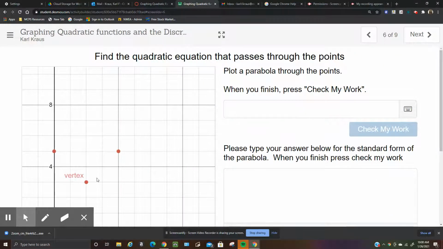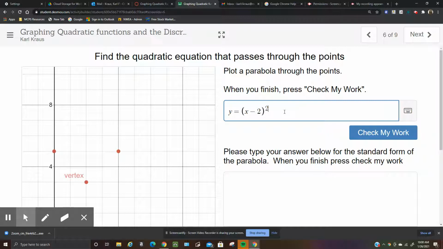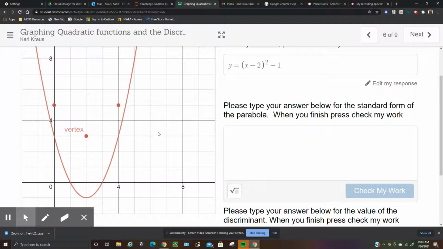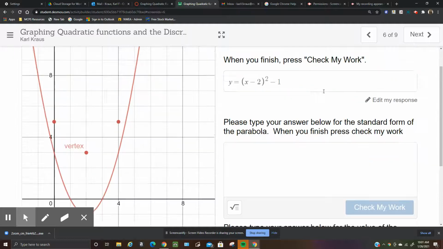This next one, we can use the vertex form here because we don't have the intercepts. So y equals x minus 2 squared minus 1. Whoops. I thought this was the x-axis, so this vertex is actually at 2, 3.